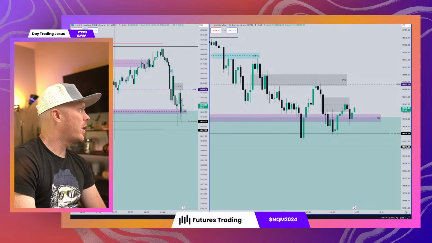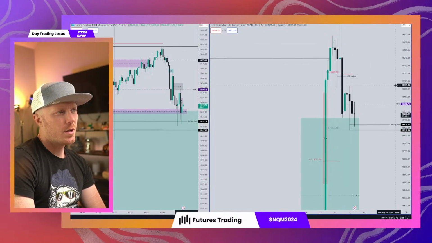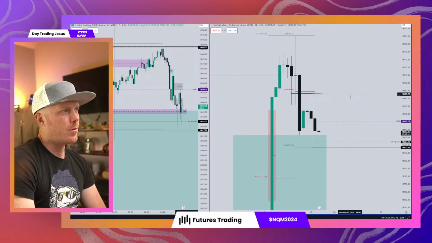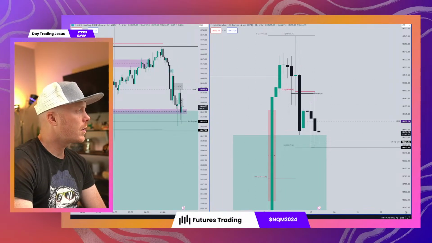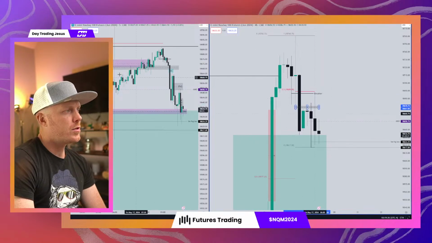Let's take a look at the 4 hour real quick. I like this, and we're just going to bring it up. Confirmation on price. That's really what we're talking about here. So we're in a 4 hour here. We also have a 4 hour fair value gap right here. And we've closed below that.